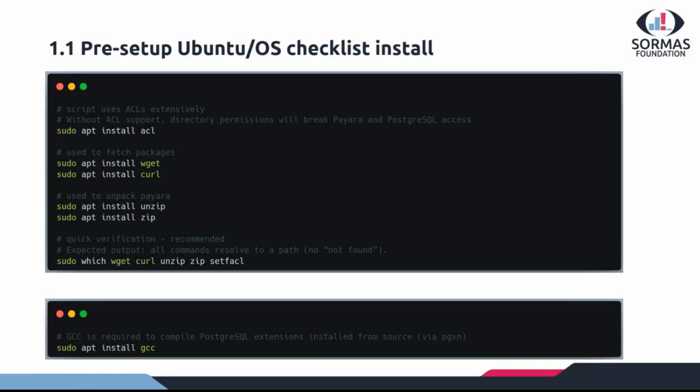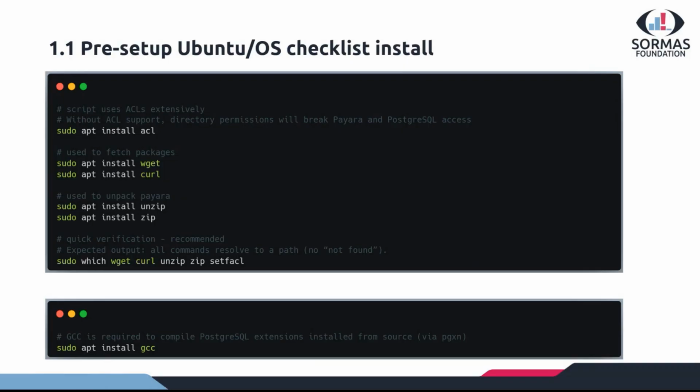So if some of these packages don't already exist in the operating system, then you have this kind of issues. This slide gives you the commands to restore acl, wget, curl, unzip, and zip. And after installing them, before you run the server setup script, it will be good to confirm that they installed successfully.